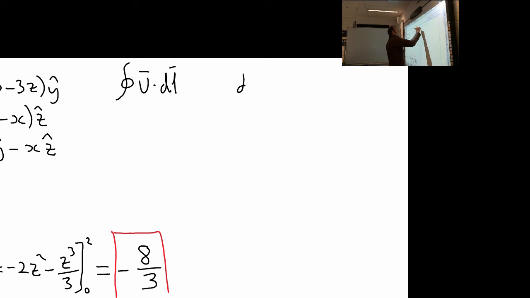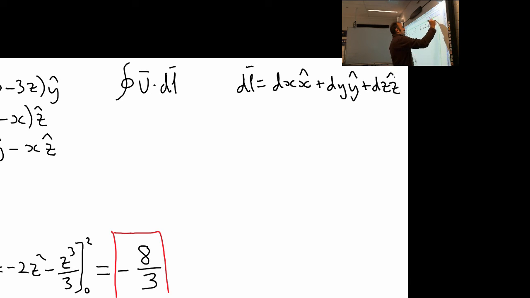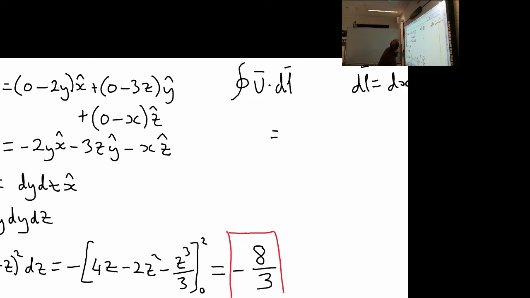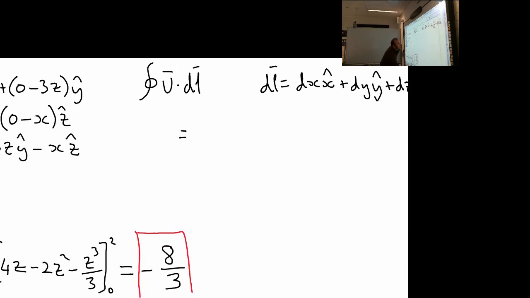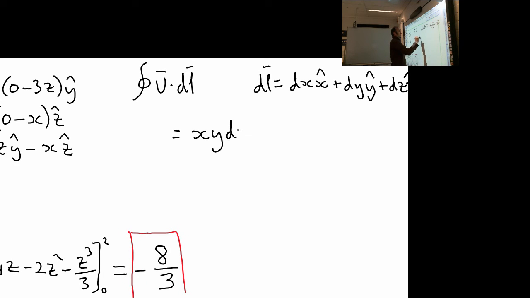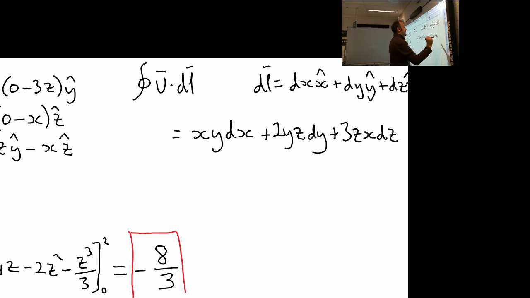If we consider that dl is equal to dx x hat plus dy y hat plus dz z hat, v dot dl is going to be equal to xy dx plus 2yz dy plus 3zx dz. Okay, so that's v dot dl.